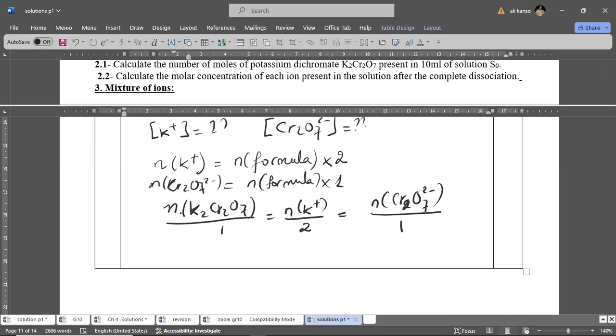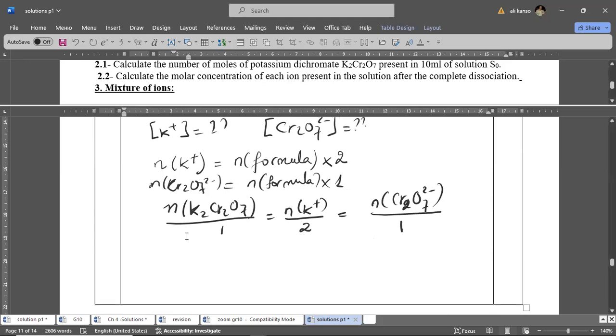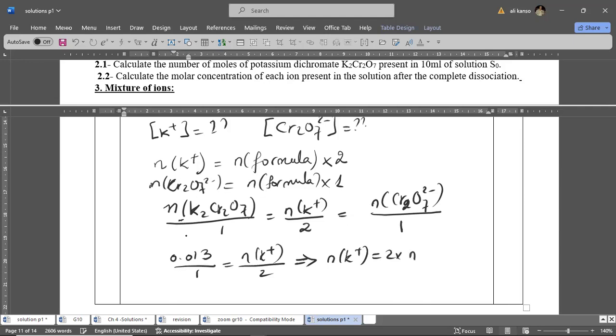There are two methods to follow here. Either we can write 0.013 in place of the number of mole of the formula, equal to N of K+ over 2, and we deduce that N of K+ is equal to 2 times 0.013, we get 0.026 mole.